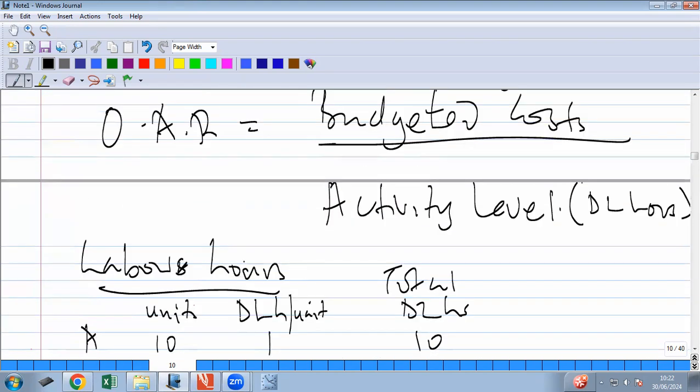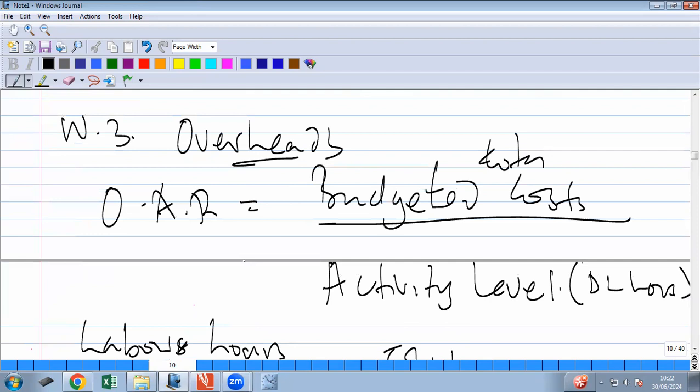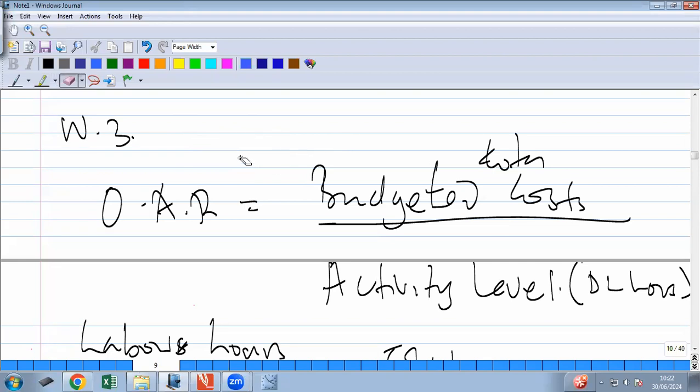This was working number 3. Maybe working number 3, we can say this is our overhead absorption, doesn't matter.